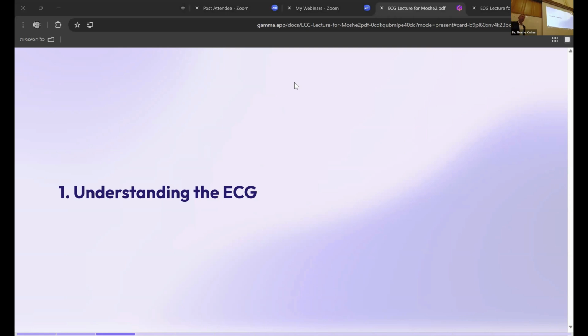So ECG, electrocardiogram, is based on the fact that in every given moment, a part of the heart is electrified, so depolarized, and a part of the heart is not yet electrified, so repolarized. And the difference between depolarized part and repolarized part produces voltage. Because what is voltage?